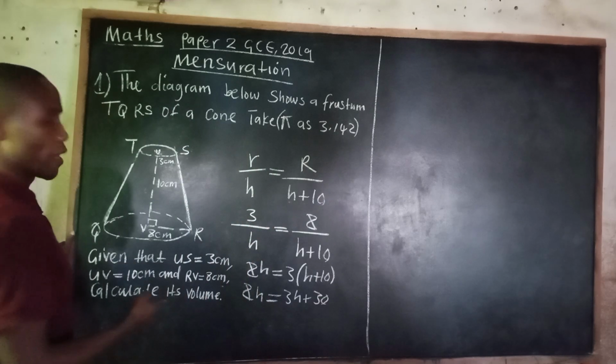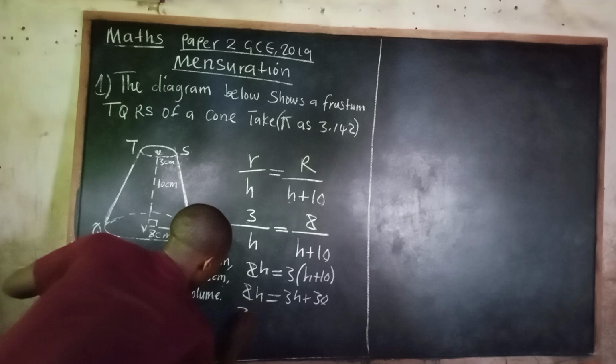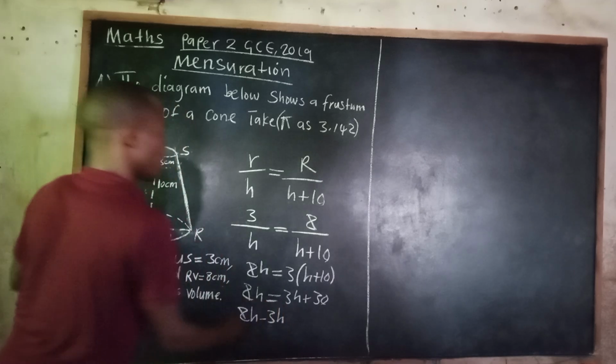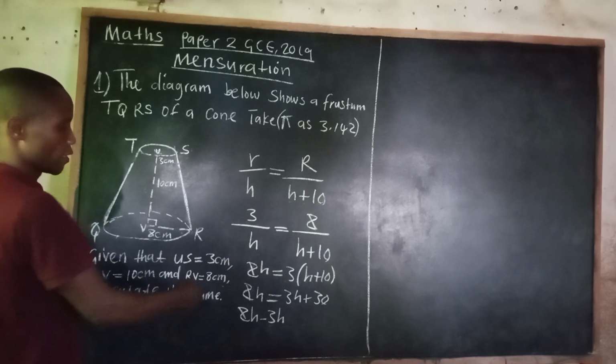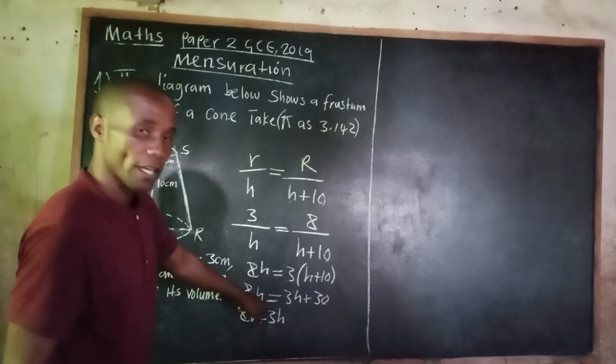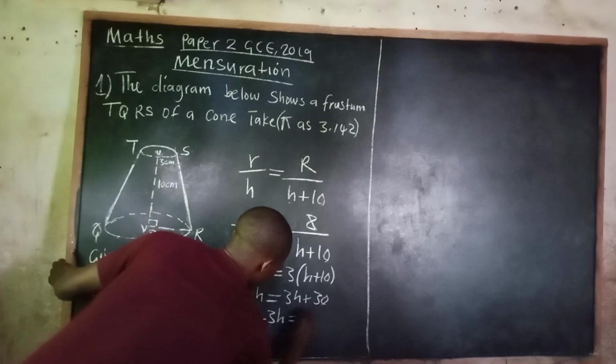Then from there we can collect the like terms and unlike terms. Like terms, here we have 8h minus 3h, because this side is positive, so when it comes to the other side, the left-hand side, it is going to be negative, because it has crossed the equal sign. Then here we remain with 30.